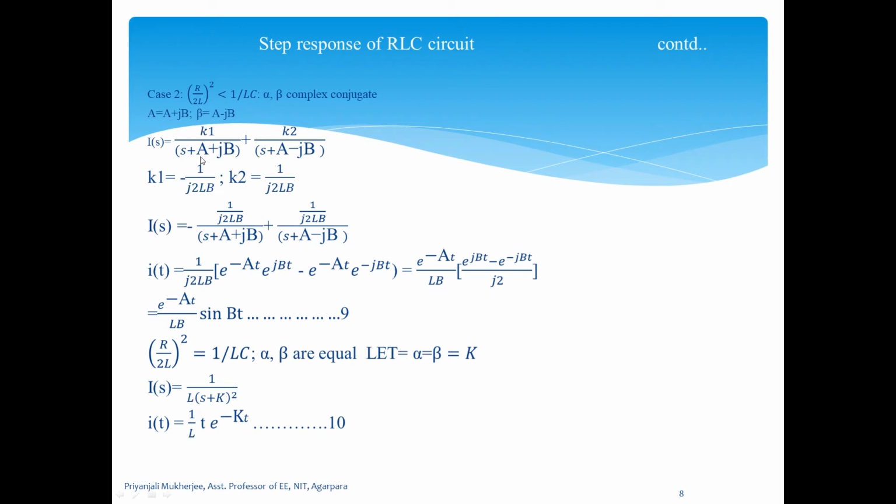So I(s) becomes K1 by s plus alpha, where alpha means A plus jB, plus K2 by s plus beta, where beta equals A minus jB. Solving this, we find K1 equal to minus 1 by j into 2L into B, and K2 equal to 1 by j into 2L into B. Putting in the values of K1 and K2, I(s) becomes 1 by j 2LB by s plus A plus jB, plus 1 by j 2LB by s plus A minus jB.